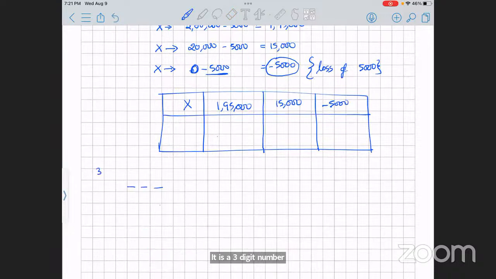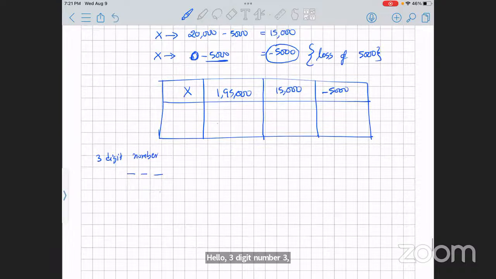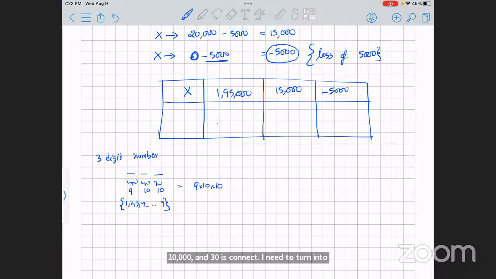So the first digit can take 9 possibilities, that is, apart from 0, it is 1, 2, 3, 4 till 9. The second digit can take 10 possibilities, and the third digit can take 10 possibilities. So 9 into 10 into 10 numbers are possible, that is, 900 numbers.